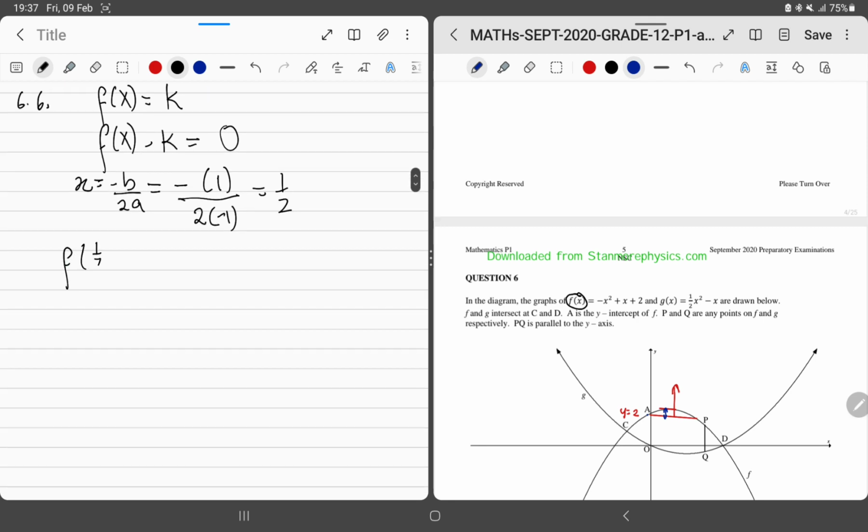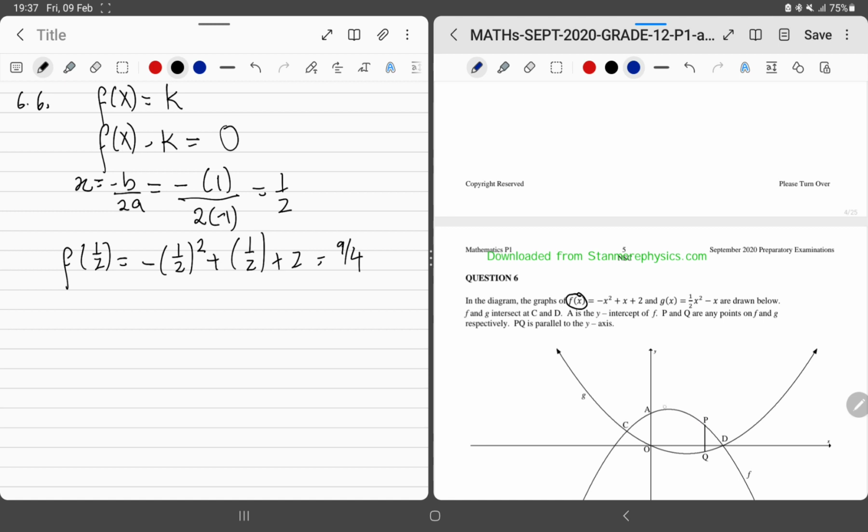And then f of half should be equal to minus a half squared plus half plus 2. I'm getting 9 over 4.